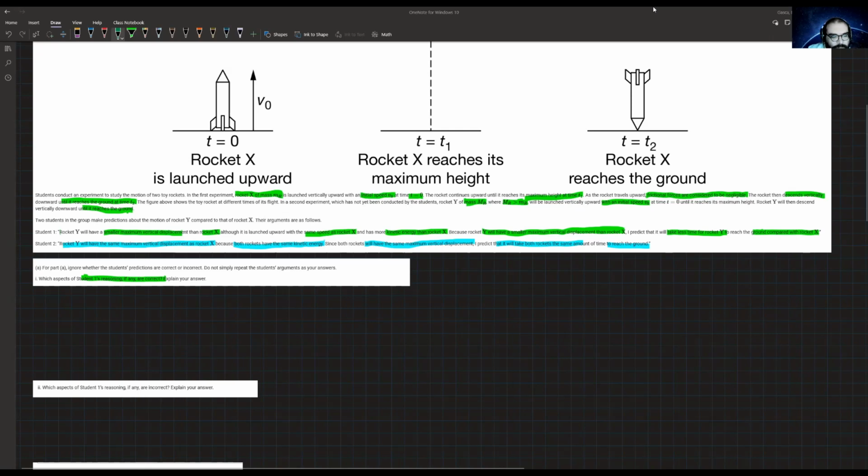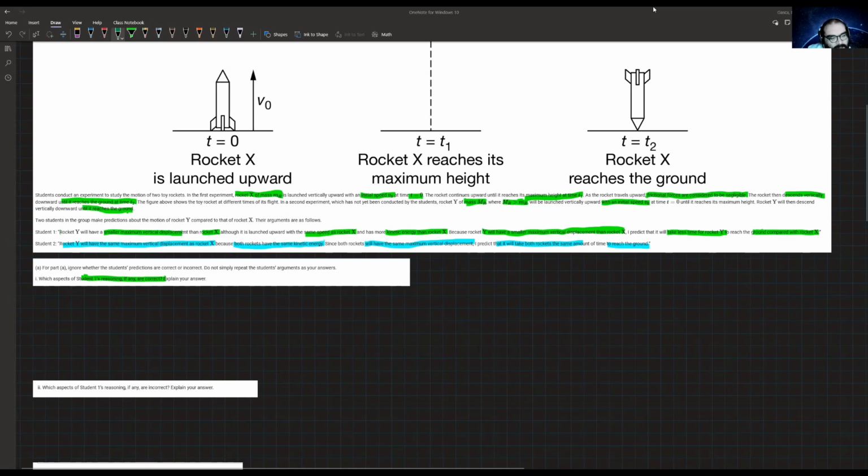Alrighty. Hopefully you feel like you had enough time to think about this one. We can go ahead and say that the student is correct in saying, so we're only looking at assertion. They are saying that they're launching both rockets with the same speed.